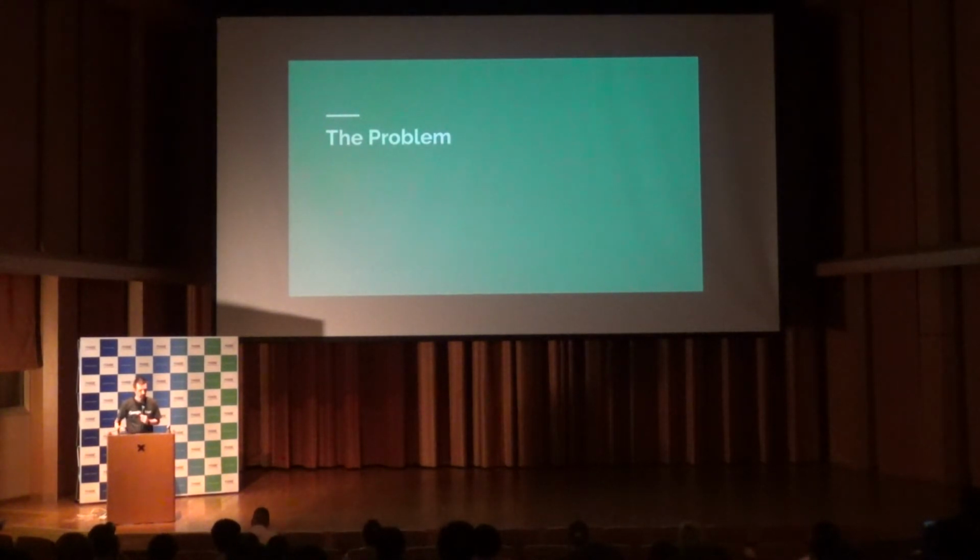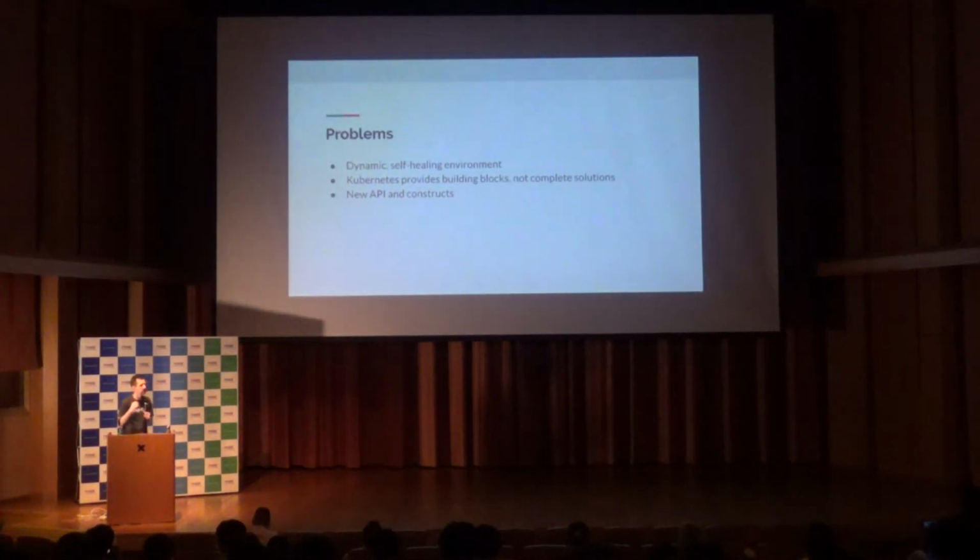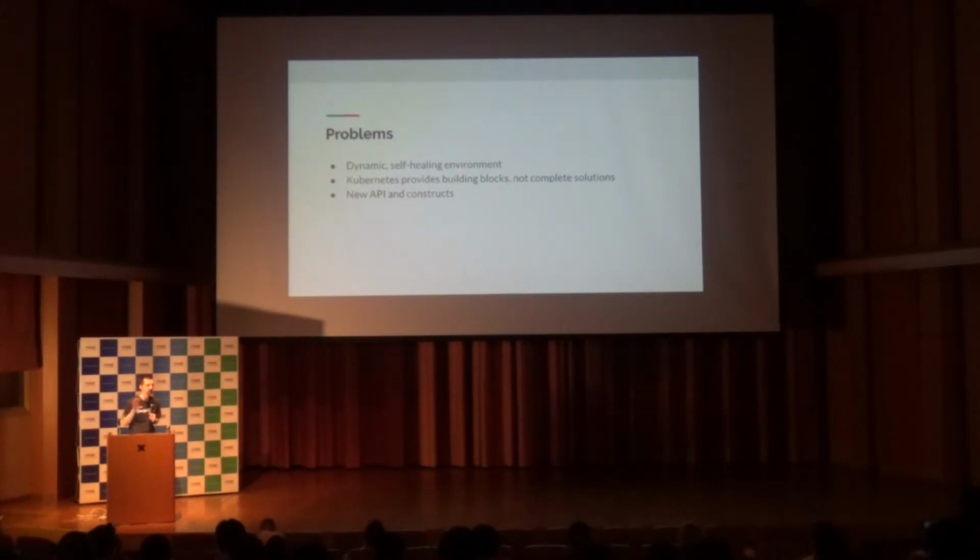And this is an environment where you deploy an application to the system and it gets scheduled onto a machine. But those applications are run in a fairly dynamic manner, and Kubernetes is able to self-heal these applications.